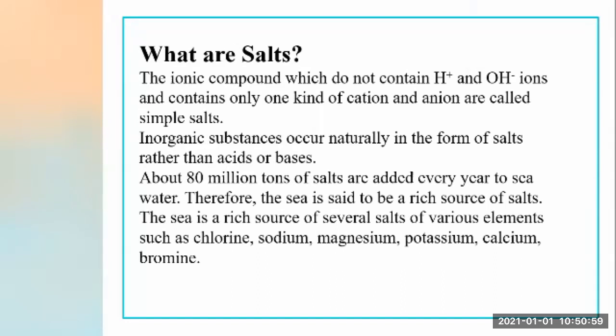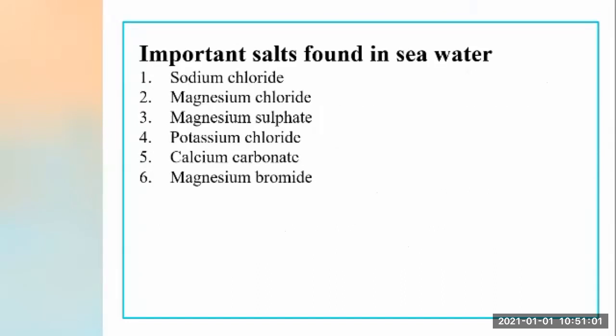These are all the salts found in seawater. Mainly in exams it is also asked which are the important salts found in seawater. So you will name all of these, right? Sodium chloride, magnesium sulfate, potassium chloride, calcium carbonate, and magnesium bromide. These are all what?